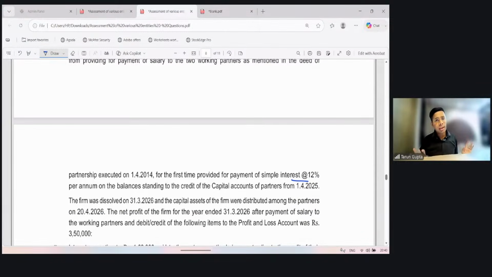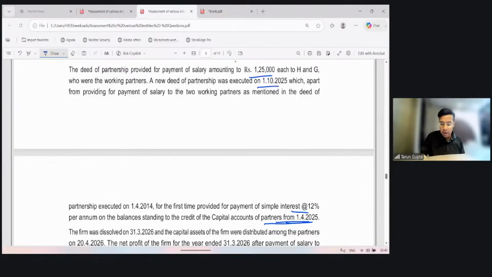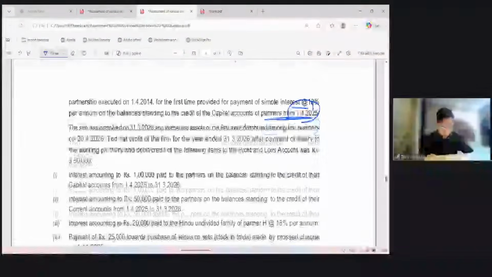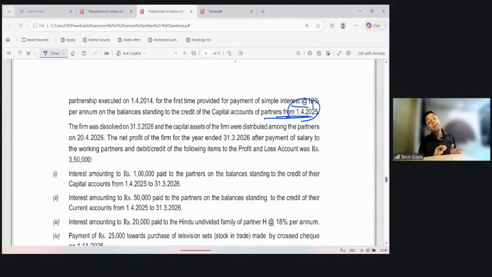It continues with the salary payment of 1,25,000 to H and G, but in addition, it says that interest shall also be paid at 12% on the balance standing to the credit of the capital account from 1st April 25. So now a point clicks in your mind: the supplementary deed was signed on 1st October, but it provides for payment of interest from 1st April. So interest from 1st April to 1st October shall not be allowed. And such interest shall not be taxable in the hands of the partner also.